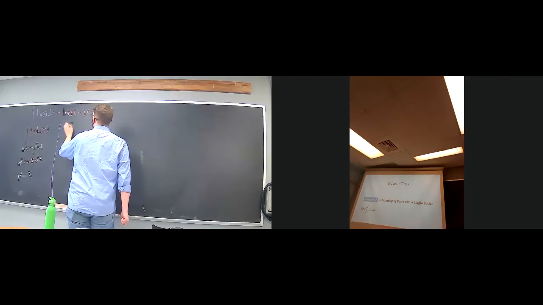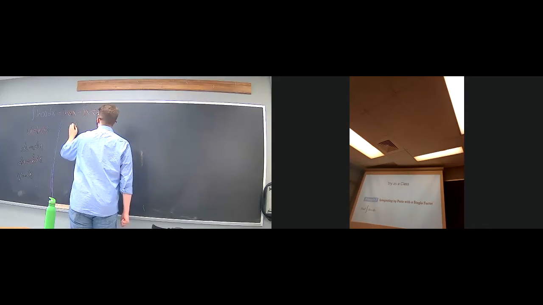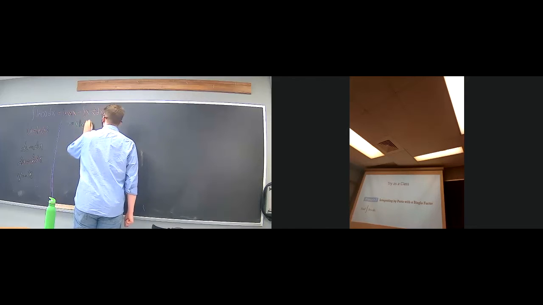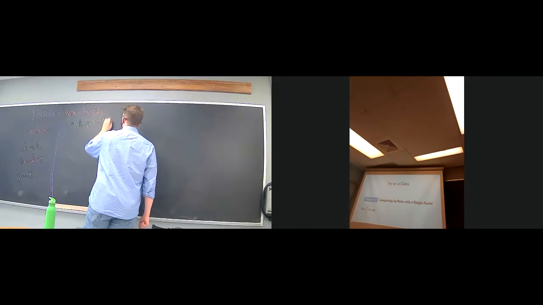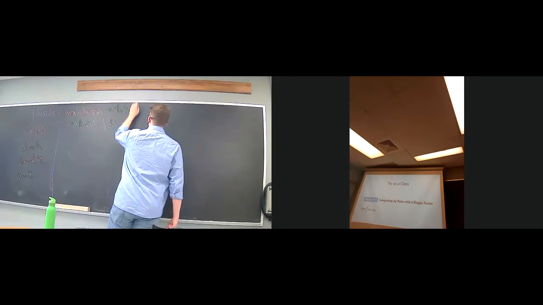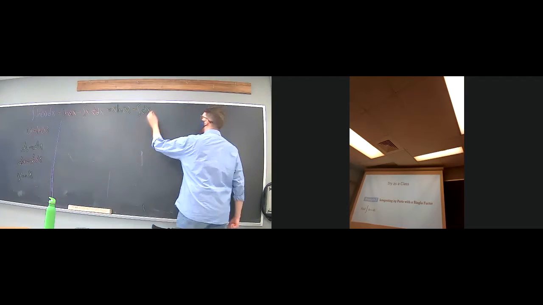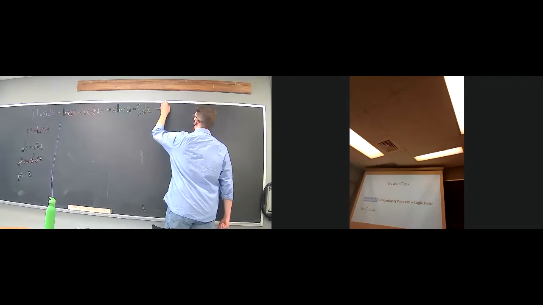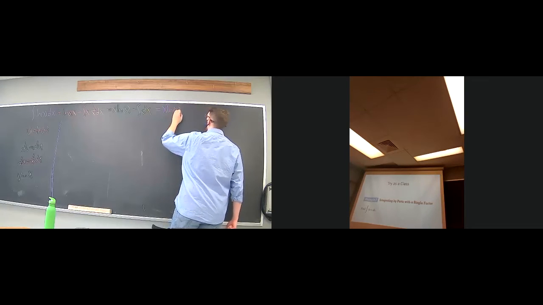This can be rewritten now as x ln of x minus the integral of dx, which is going to come out to be x ln of x minus x plus a constant.